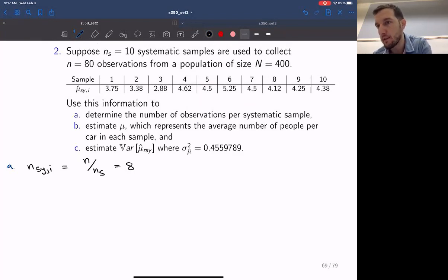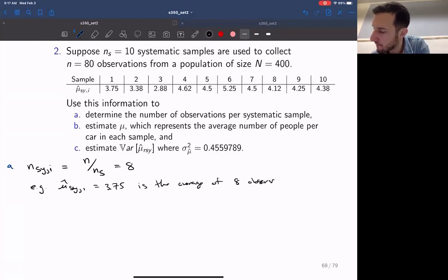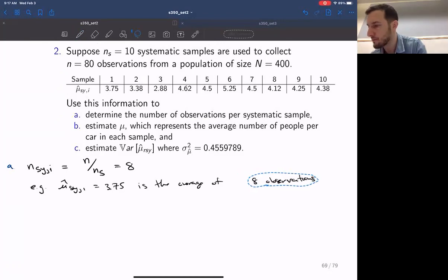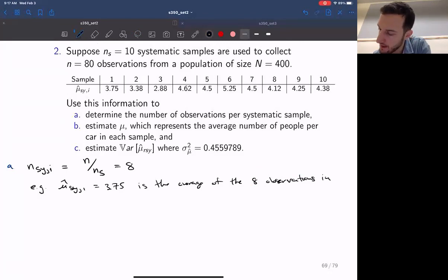So each of the means given in the table above, for example, mu hat sy1, is the average of 8 observations in systematic sample 1, right?